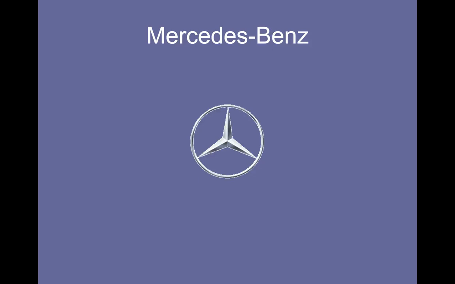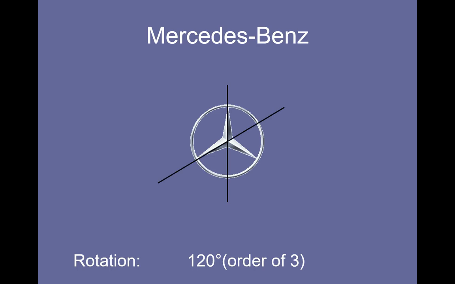What's the order? 3. Usually, that helps to figure it out. So you're right, this one has an order of 3. The angle would be 120 degrees. Line symmetry, 1, oh, wait, yeah. 2, 3. Because you would do 360 divided by 3.